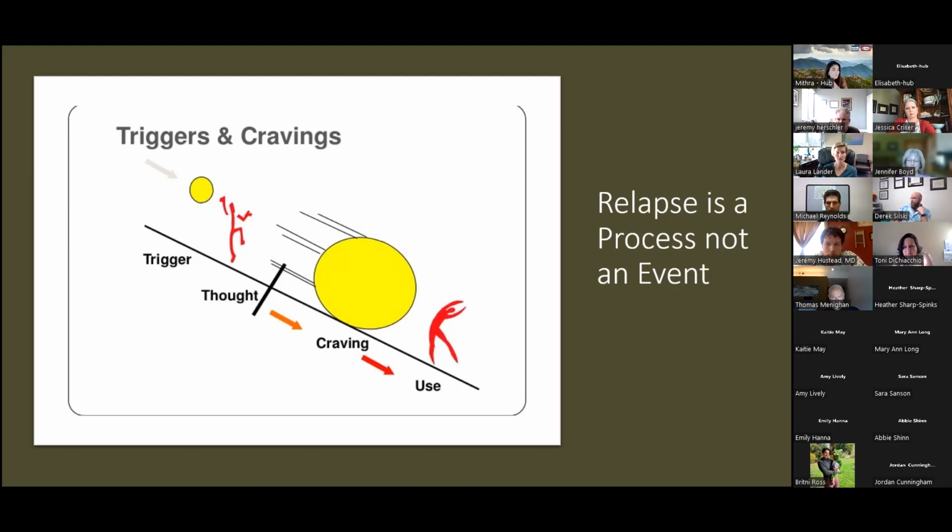And again, relapse prevention is about increasing people's awareness of this process. The earlier people can identify the warning signs, the less likely it is that they will actually relapse. And that was really Terence Gorski's work, developing all kinds of interventions to help people identify early warning signs for triggers and cravings.